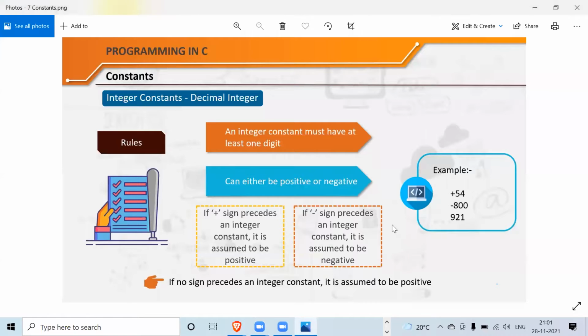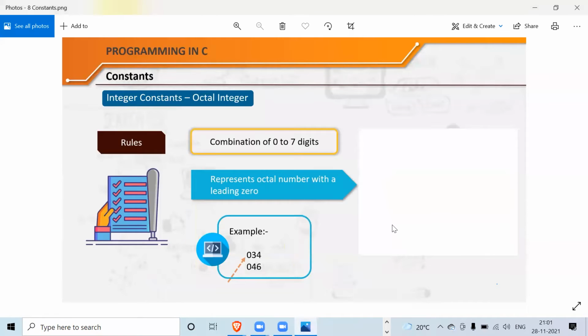Yes. Okay, so next we have the octal integer system. Just like our decimal system, the computer does not work in decimal system. The computer works in octal, binary, hexadecimal. So we will start with the octal system first. The octal system has all numbering between 0 to 7.